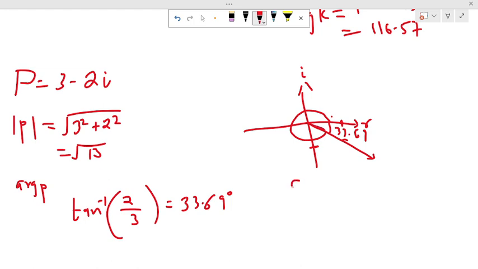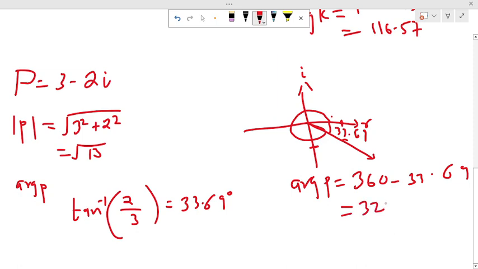So we are going to get the argument of p to be equal to 360 minus 33.69, and this is going to give us 326.31 degrees.